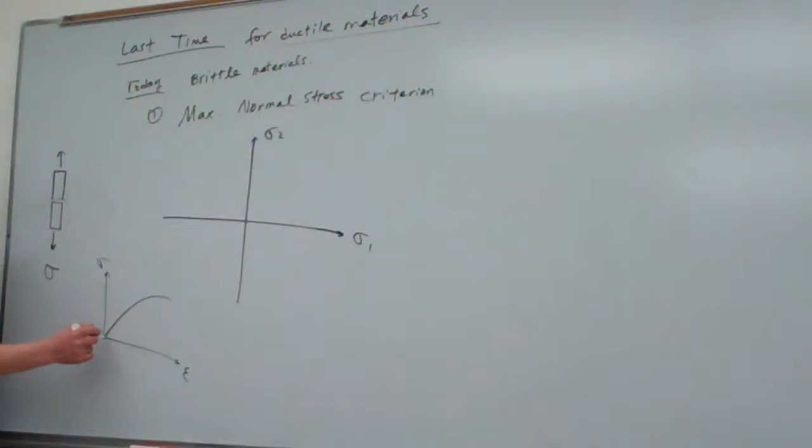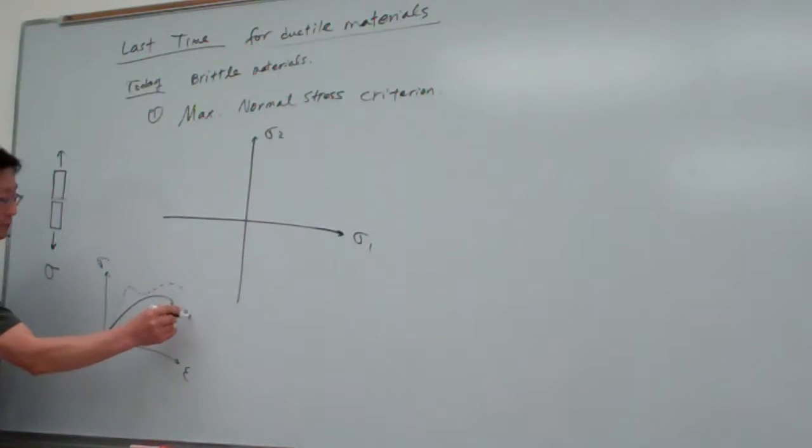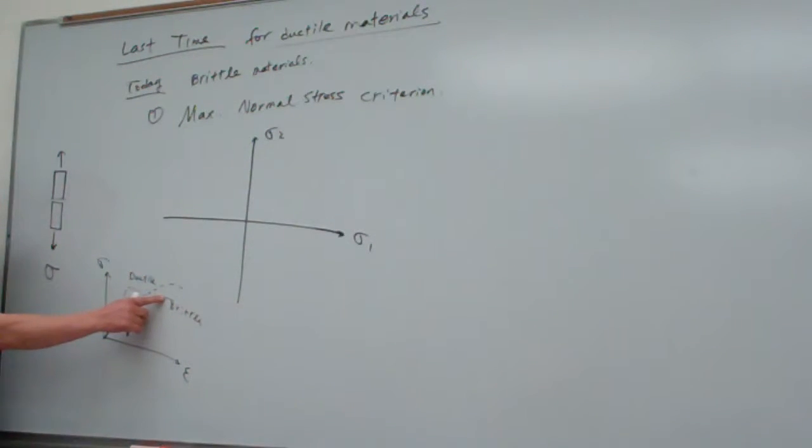For ductile material, it would look like this one, which has a very clear-cut elastic region. But for brittle material, if you do the testing, the curve is pretty much like this.